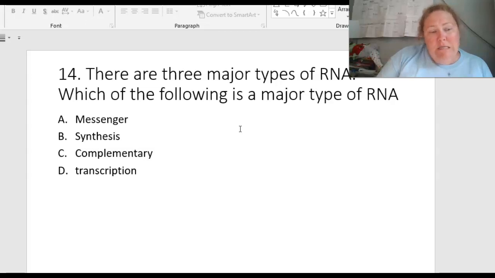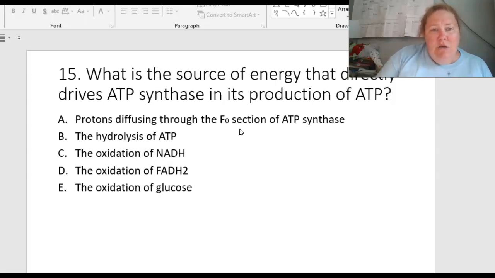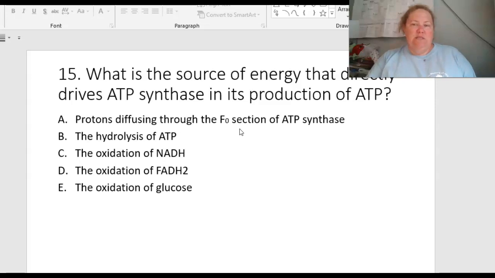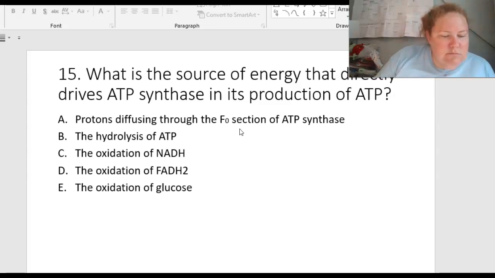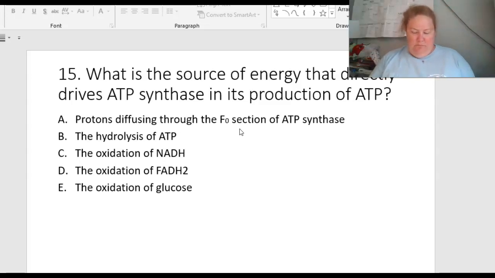And drum roll, please, guys. Last question. What is the source of energy that directly drives ATP synthesis in the production of its ATP? Think of that last step of the electron transport chain, right?